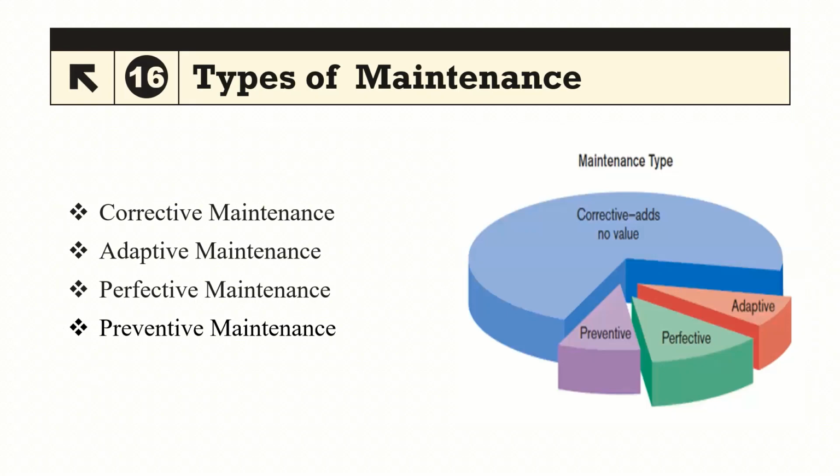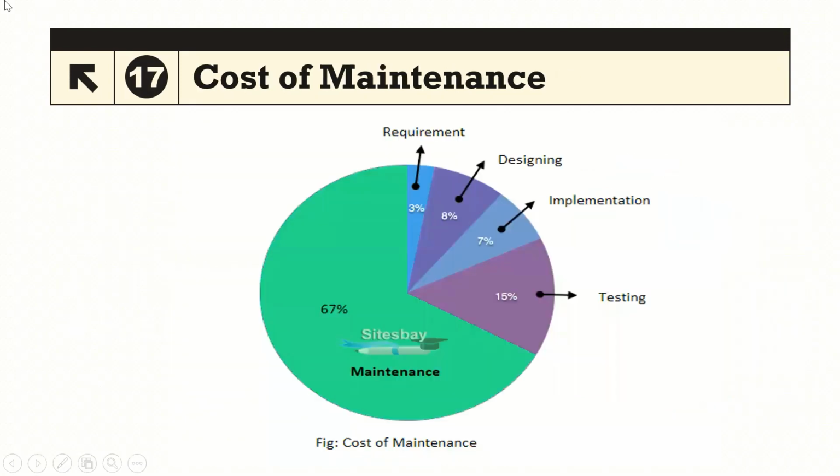Next slide. Cost of maintenance. It is very important in the total life cycle cost of the SDLC. So first, in this graph, we can see that requirement cost is 3%, design cost 8%, implementation cost 7%, testing cost 15%, and the rest of the total cost, the maintenance cost, is 67%.